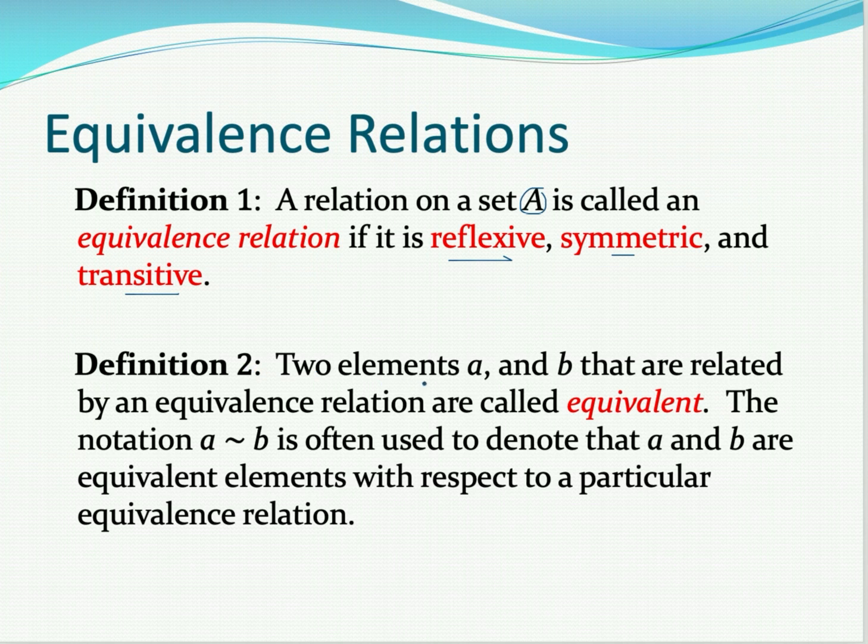Definition 2. Two elements A and B that are related by an equivalence relation are called equivalent. The notation A ~ B is often used to denote that A and B are equivalent elements with respect to a particular equivalence relation. If the relation is an equivalence, then the elements are also equivalent.